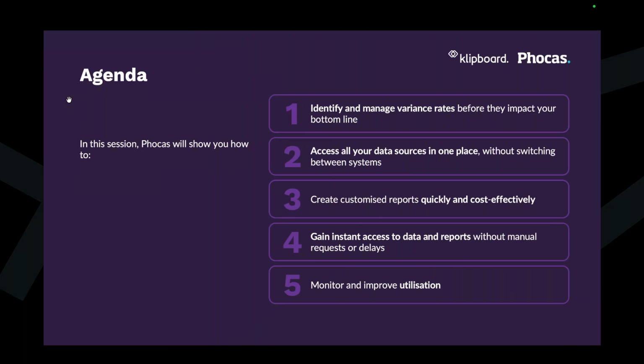What our on-rent customers really enjoy within the Phocas platform, which you'll see today, is just how quickly, easily and cost effectively you can build reports on the fly to give you the answers to everyday questions. So it's all about instant access to that insight that's really driving your business forward, and reporting without all the manual requests or delays or interventions you need to go through.